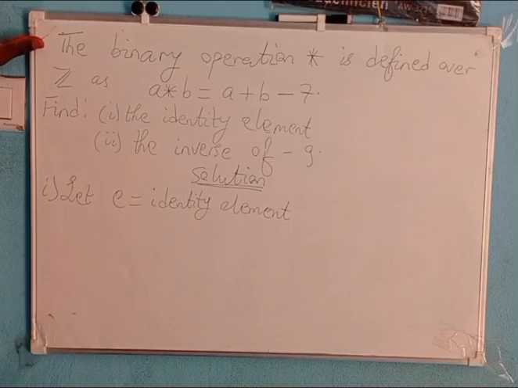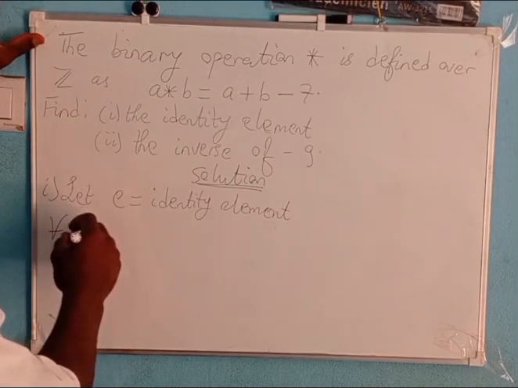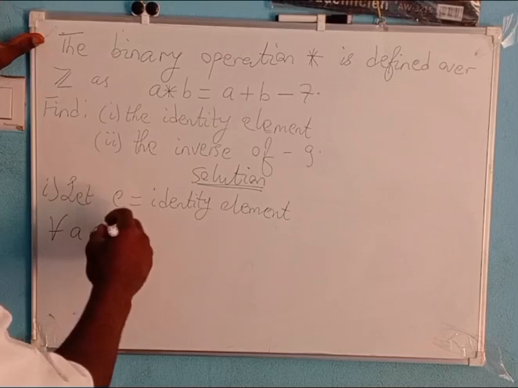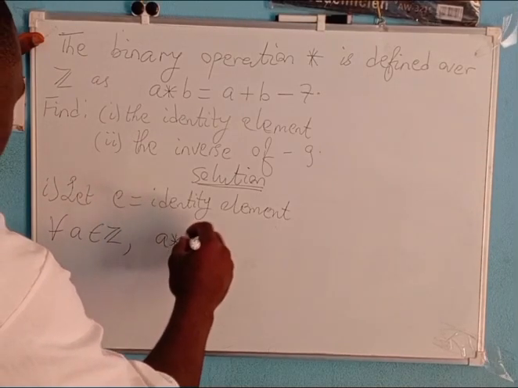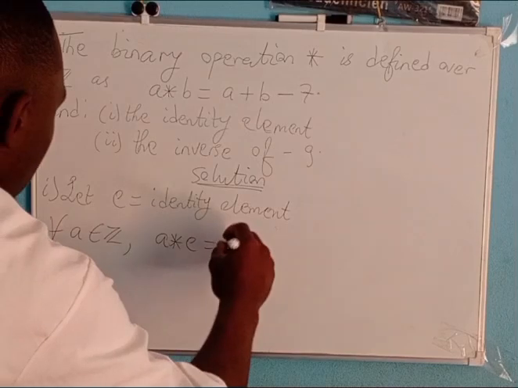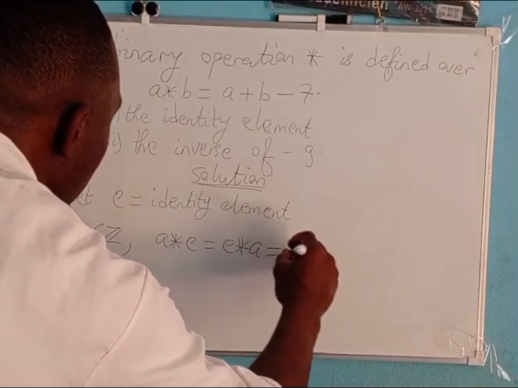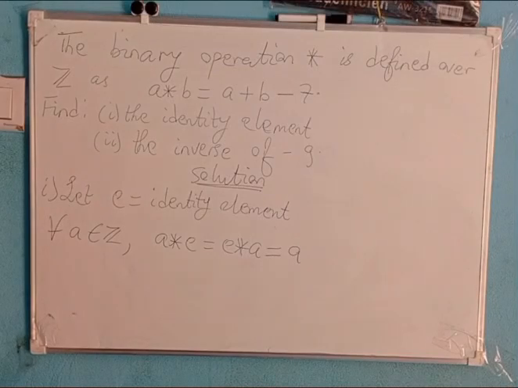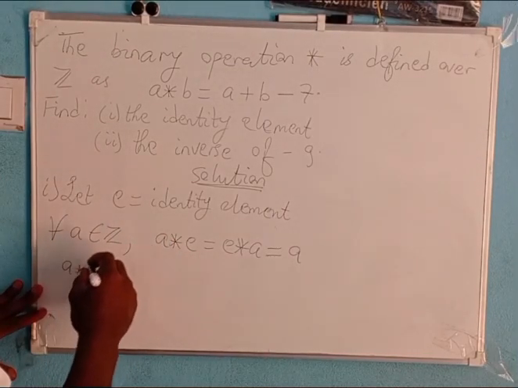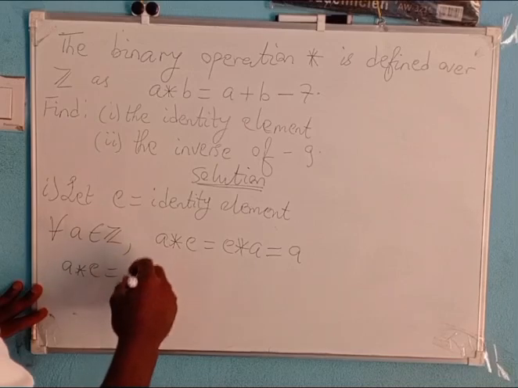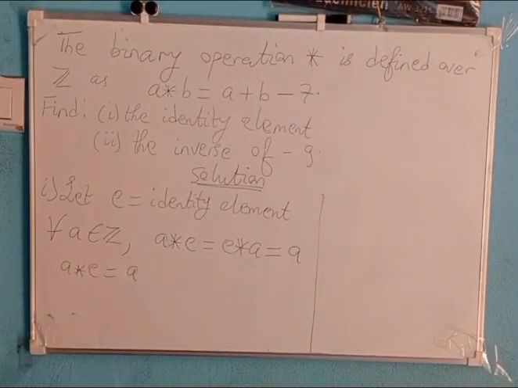If E is our identity element, it simply means for every A we take from the set of integers Z, A star E will equal E star A, which is equal to A. If we take A star E is equal to A, we can form an equation in which we can solve for E.